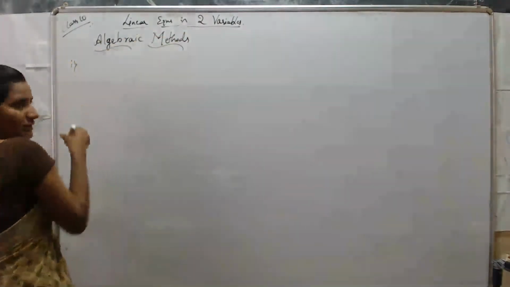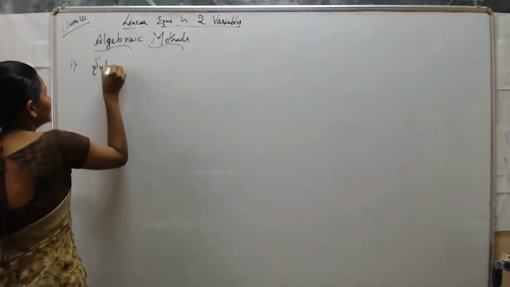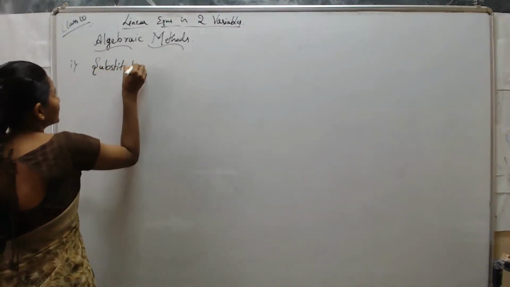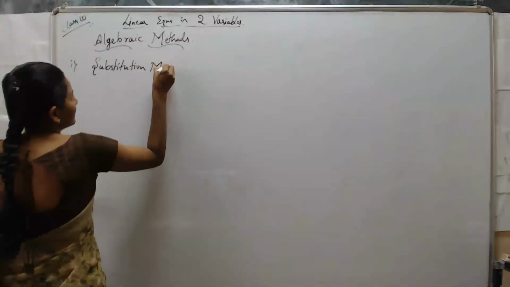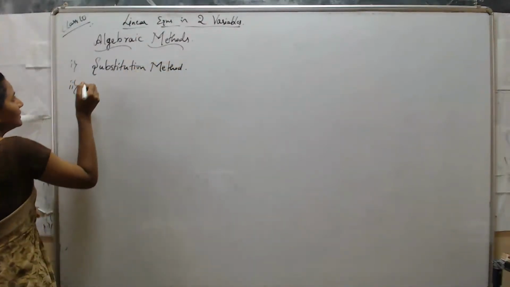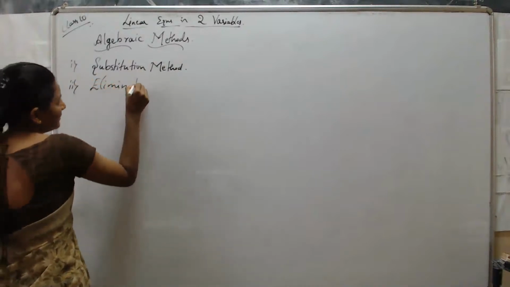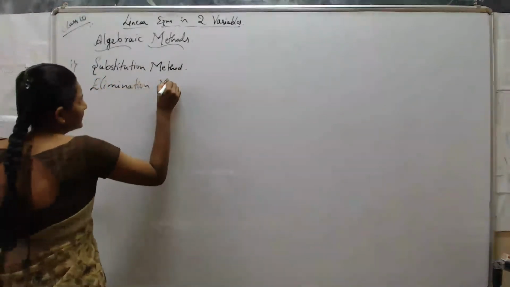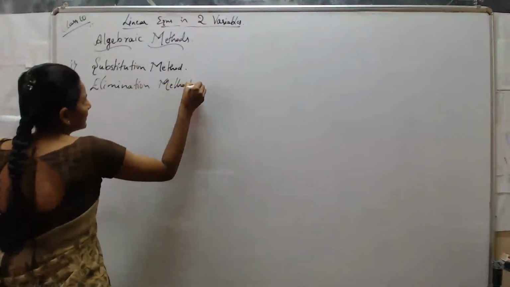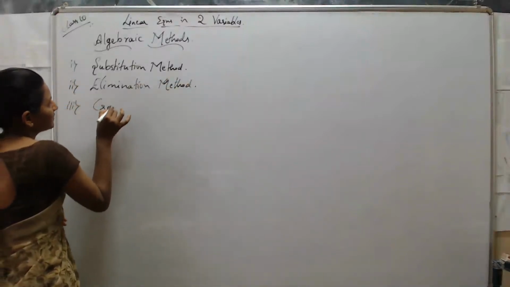First one is the substitution method, the second one is the elimination method, and the third one is the cross multiplication method.